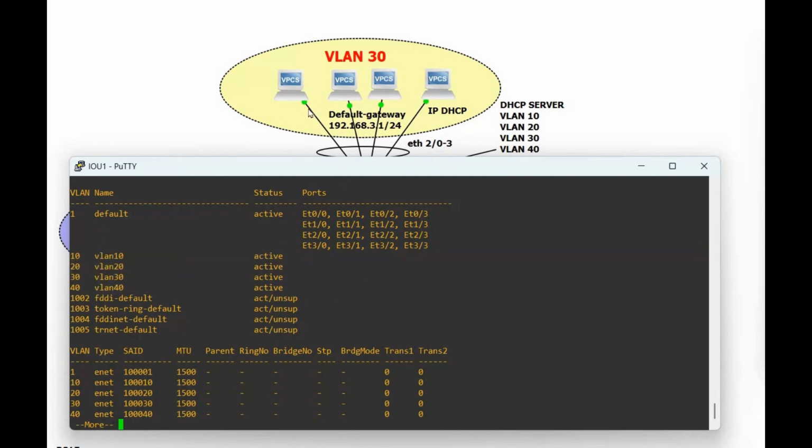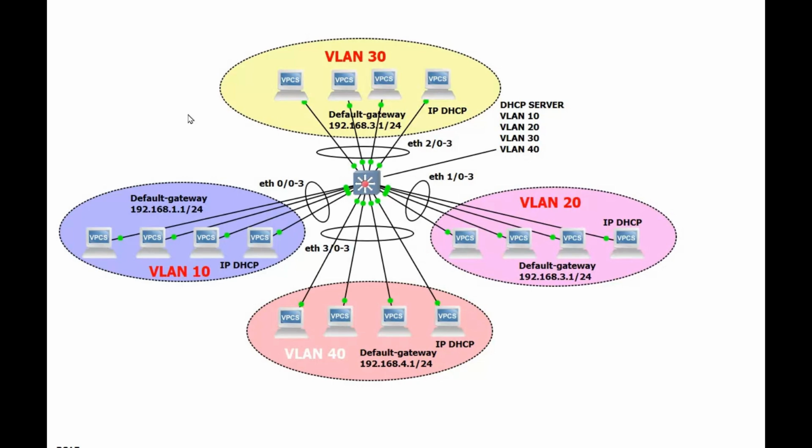Now we have to assign the interfaces to their respective VLANs. Starting from VLAN 10, we have the range from Ethernet 0/0 to 0/3.